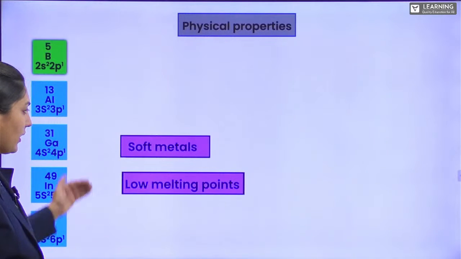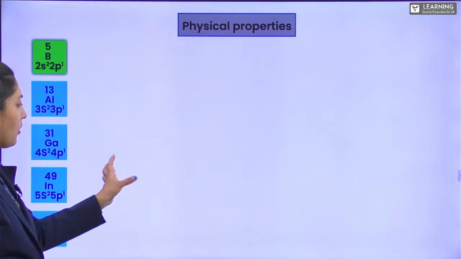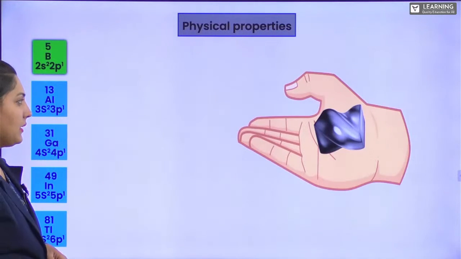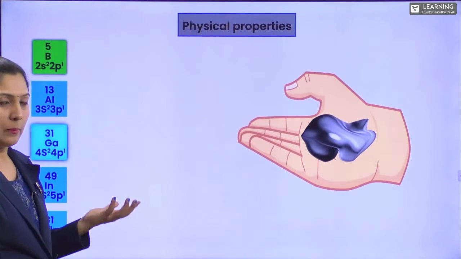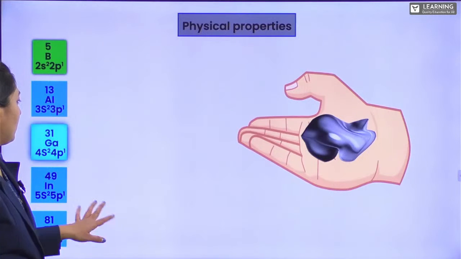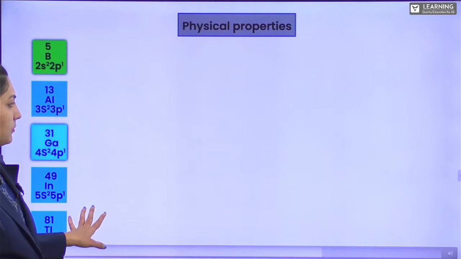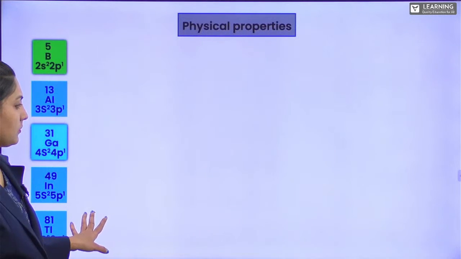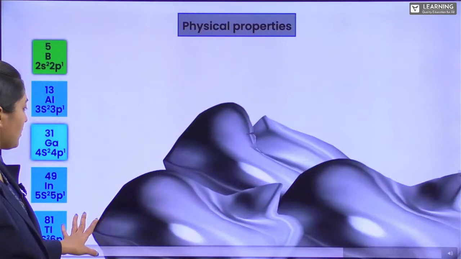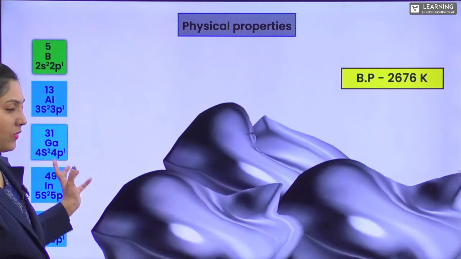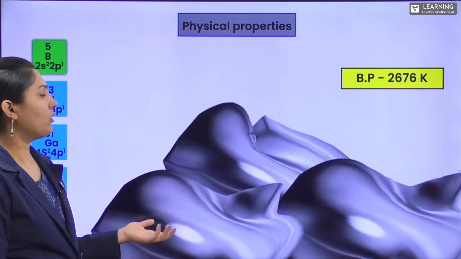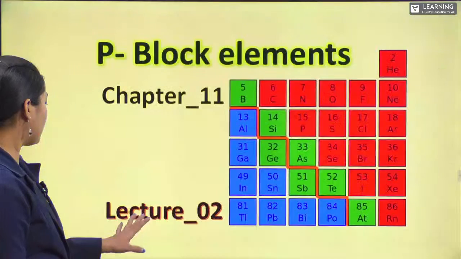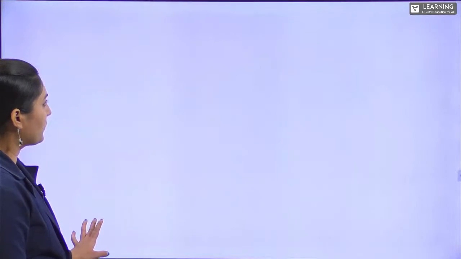And when you go down the group, there are soft metals with low melting points, and we know that gallium will easily melt on the palm. These are some of the boiling points, where you can see 2676 Kelvin for boron.